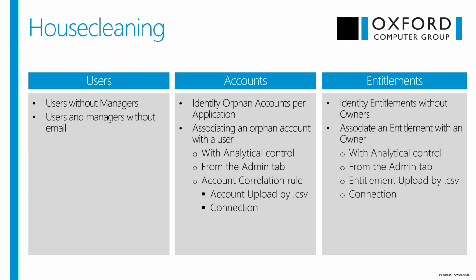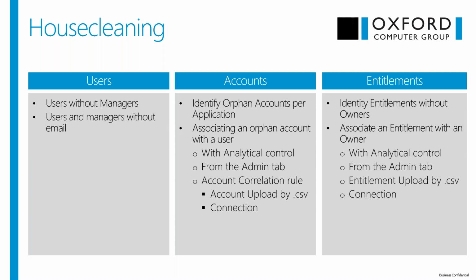So the same thing goes for entitlements. You are going to have entitlements out there. I'm going to use Active Directory a lot in this webinar since most people have Active Directory. I have all my AD groups as entitlements in Saviynt. I may not have an owner for all those groups. So I'm going to run some analytics and it's going to show us how we can say for this entitlement, I'm going to give this owner to it.